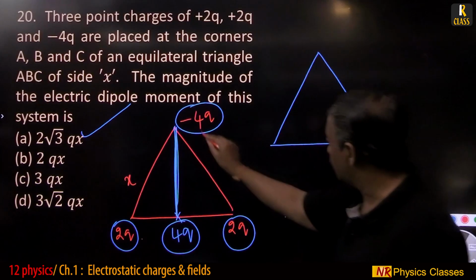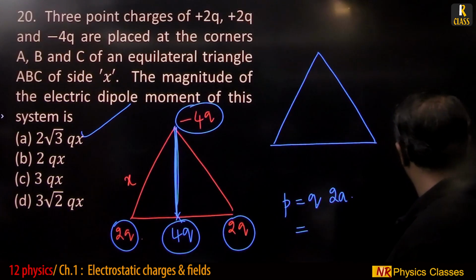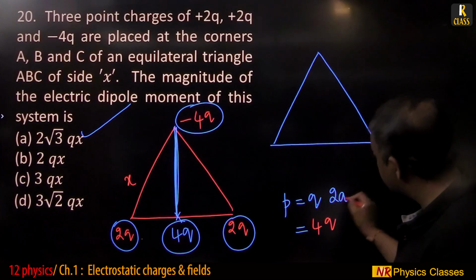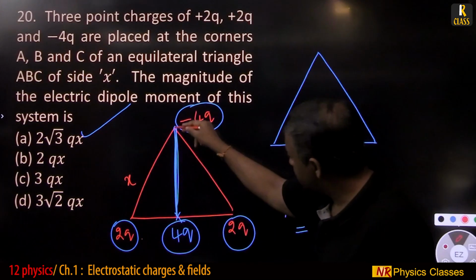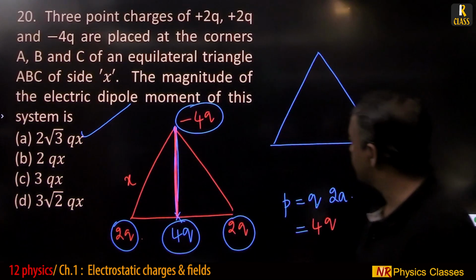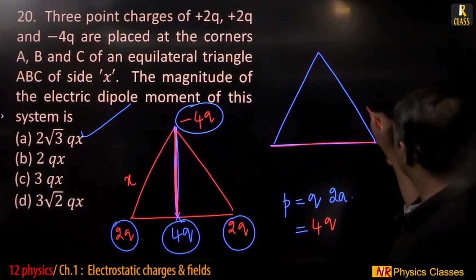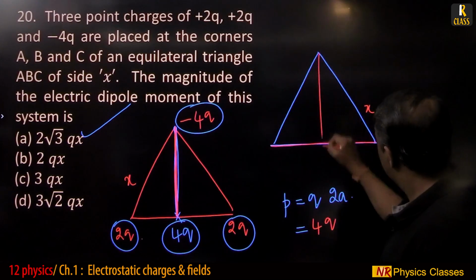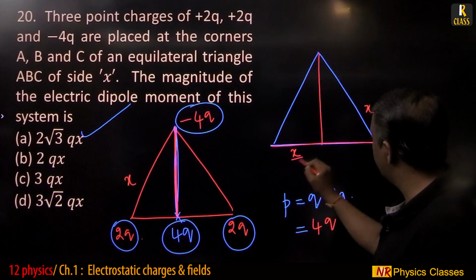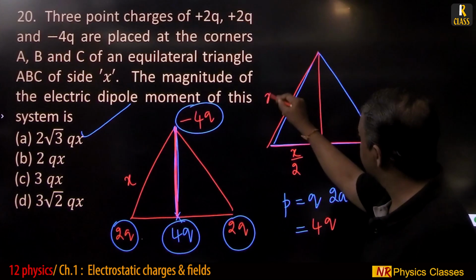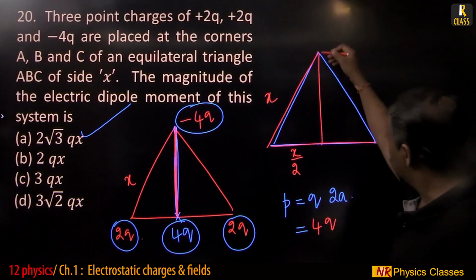Charge is 4q. 2a is the distance between the charges. In this case, it is this distance. This total distance is x. Half of the distance is x by 2. This is x. Other side.